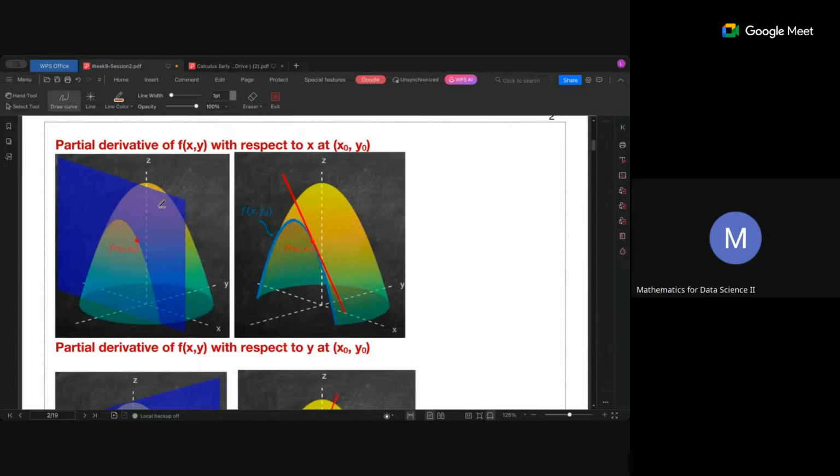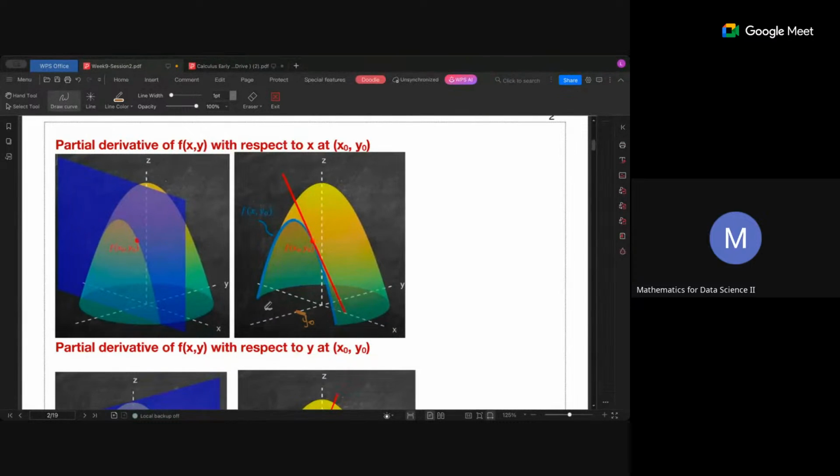So what is it that we are doing? We are first of all considering the slice y is equal to y naught. So let us say this is your y naught. You are intersecting this slice with the surface. What is the result? The resulting is this blue color curve.